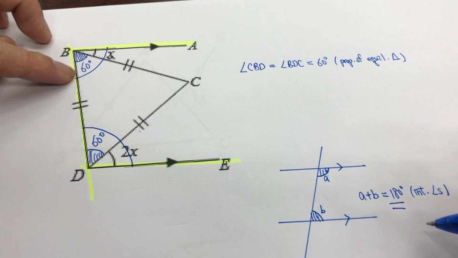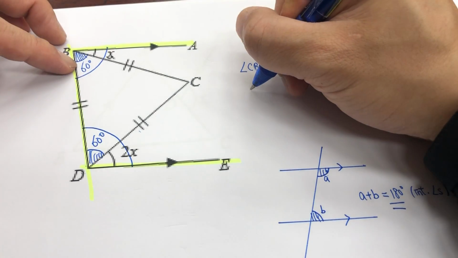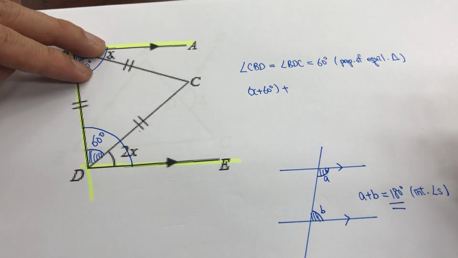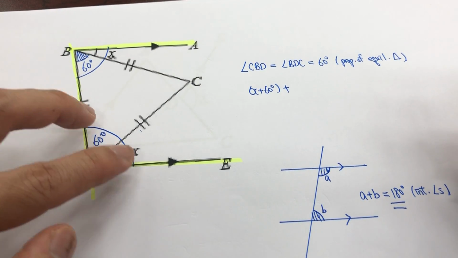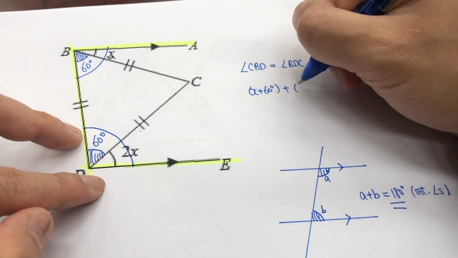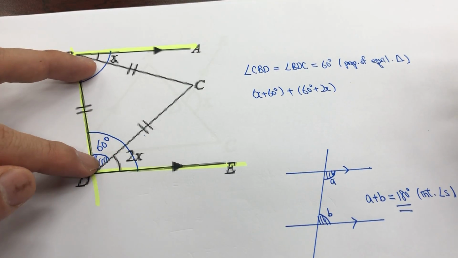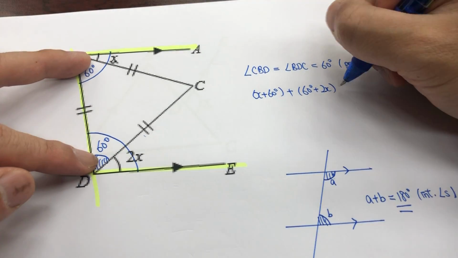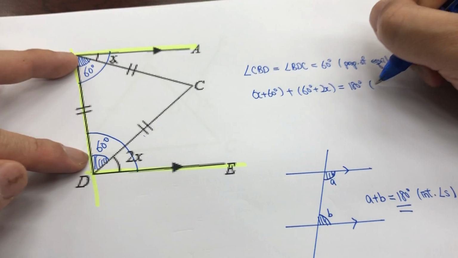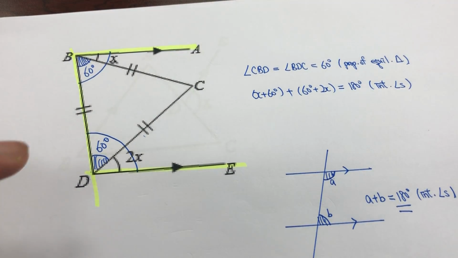This angle consists of two parts, x and 60, so x plus 60. And this angle also consists of two parts, 60 and 2x. The relationship is interior angles, so if you add them up, they become 180.